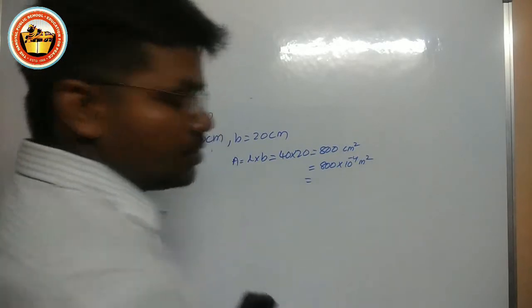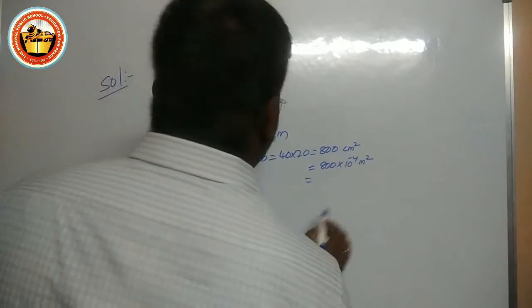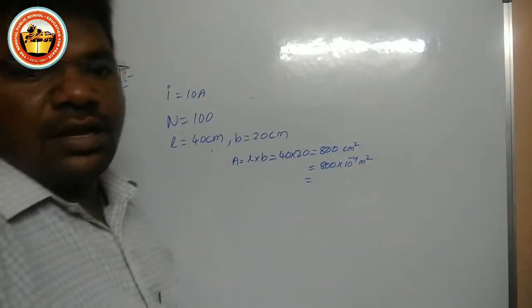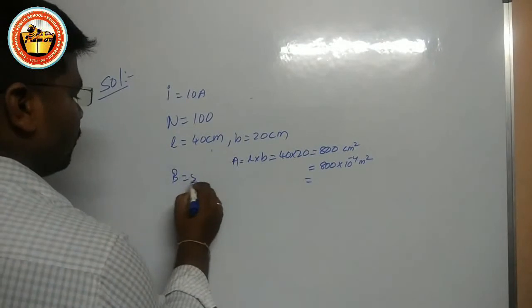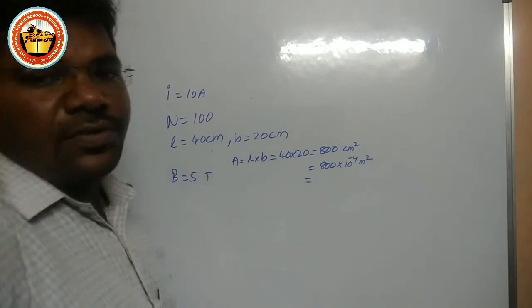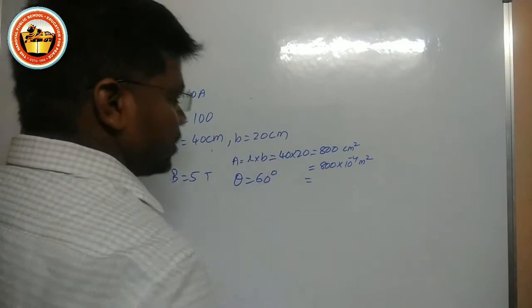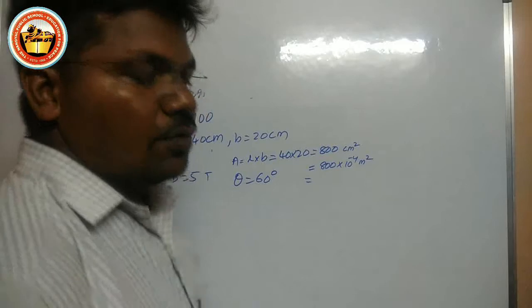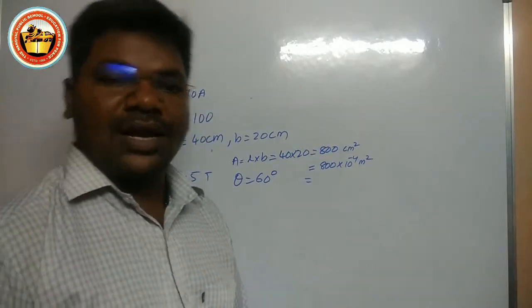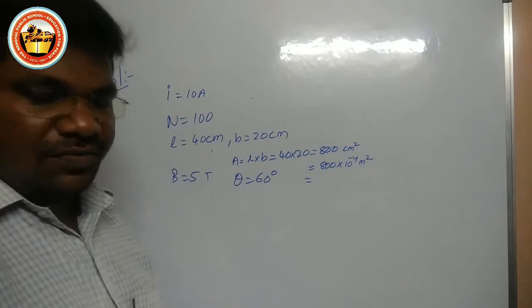Next, the given magnetic field is 5 Tesla. B is equal to 5 Tesla. Here they have given theta is equal to 60 degrees. Here we have to find the torque experienced by the coil in a uniform magnetic field.